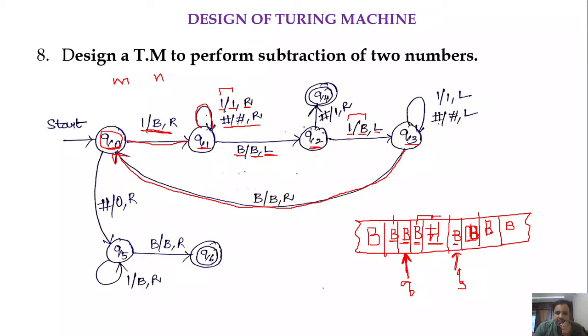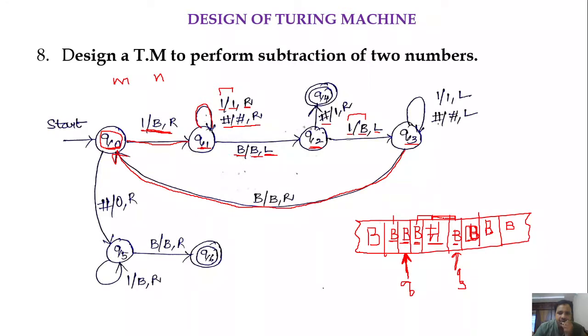If we further move the head towards right, we will get a blank. So in q2 if we get a hash, it indicates that we have cancelled all the ones in n with respect to the number of ones in m.